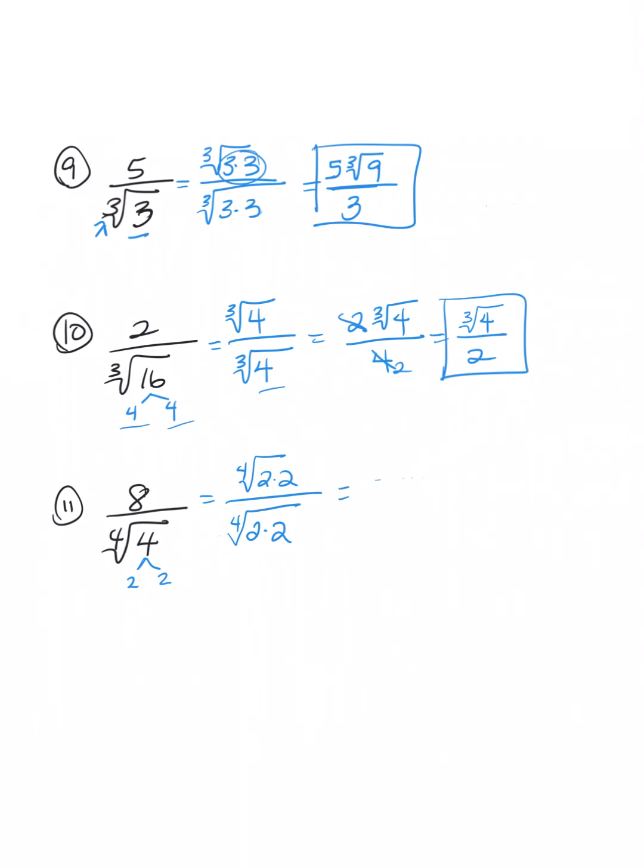However you want to do it. So I would say it's 8 4th root of 4 over, now I can go, here's 1, 2, 3, 4, so I can pop that 2 out. Now I need to do some reducing. This 8 and 2 are both outside the radical, so I can just reduce this way. So it's 4 times the 4th root of 4. It's a lot of 4's. Okay.